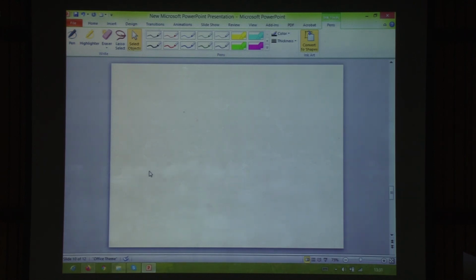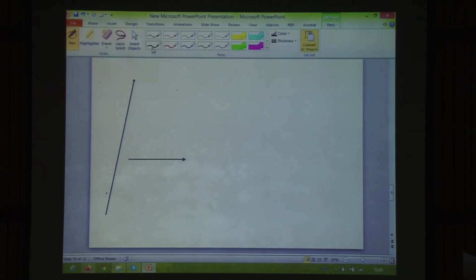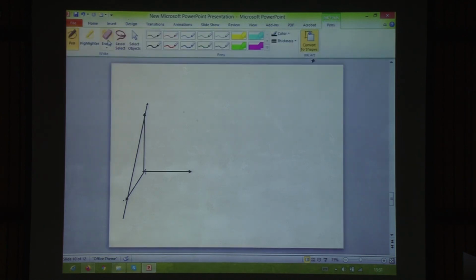So we have 2 frames, frame A and frame B. And the frame B is here.